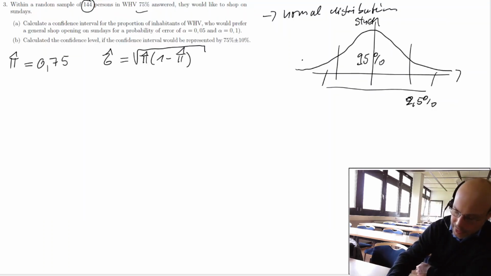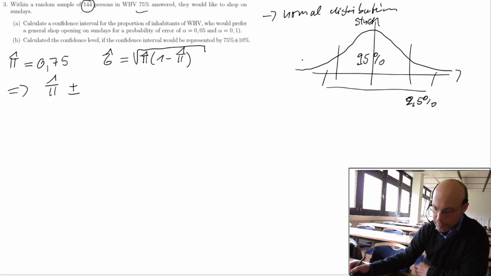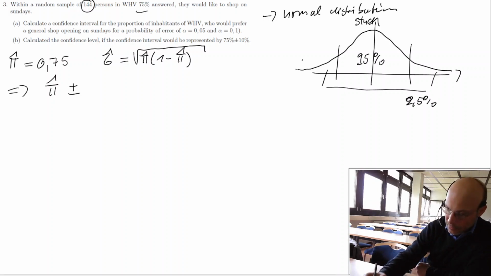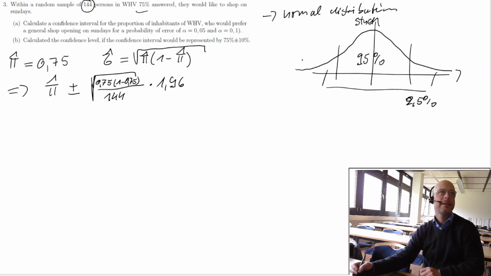So what we then need is our interval, given by pi hat plus minus sigma hat over the square root of n. So the square root of 0.75 times 1 minus 0.75 over 144 times 1.96.